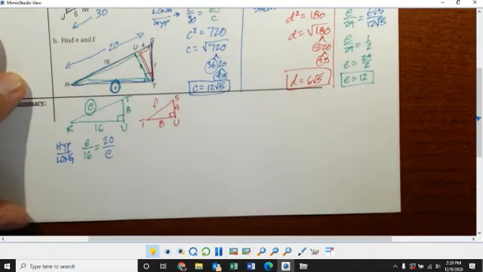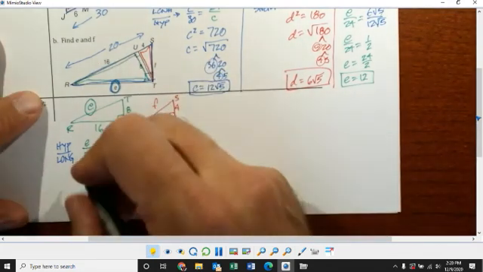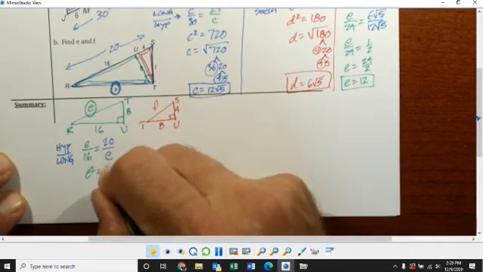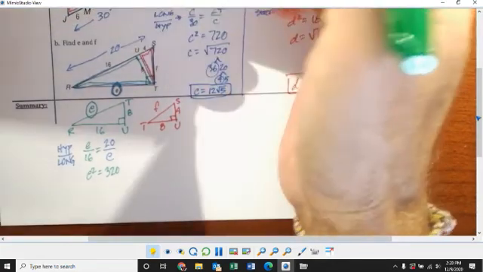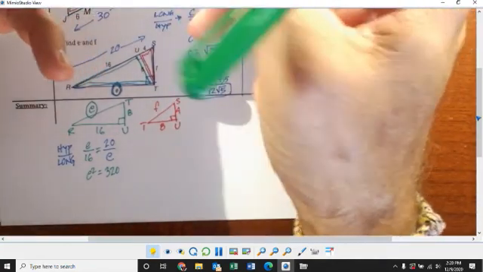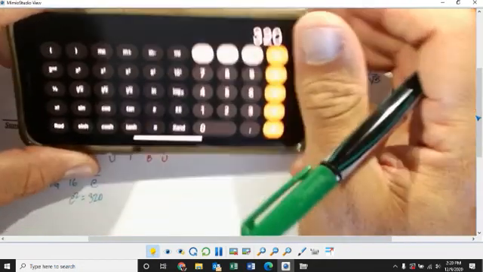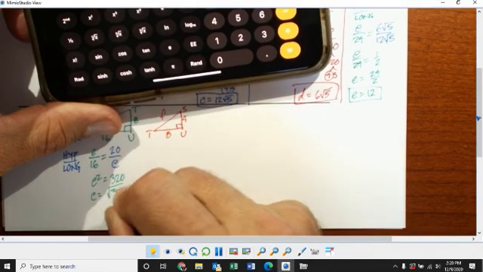Okay? Everybody with me? E over 16 equals 20 over E. So now E squared equals 20 times 16. That's 320. Now I need E equals the square root of 320.